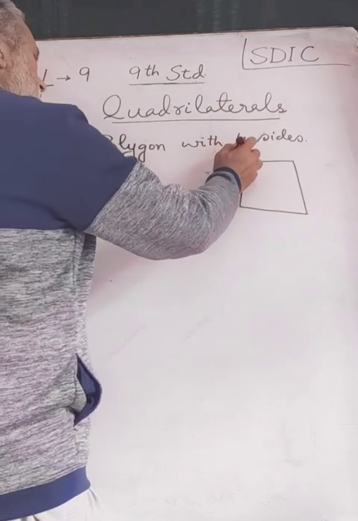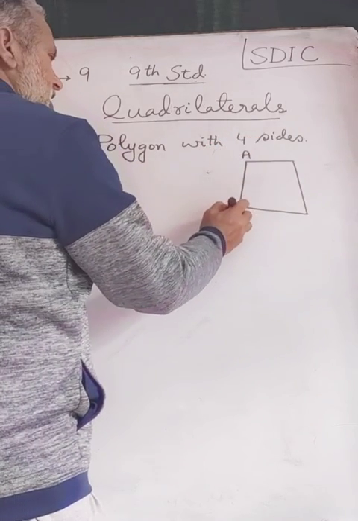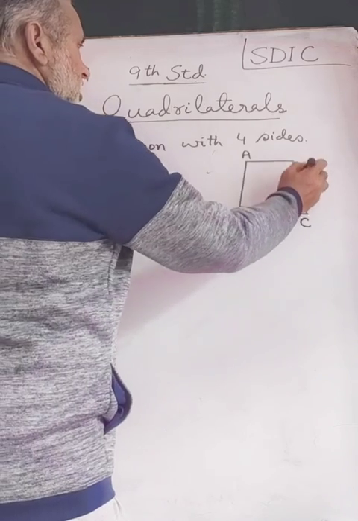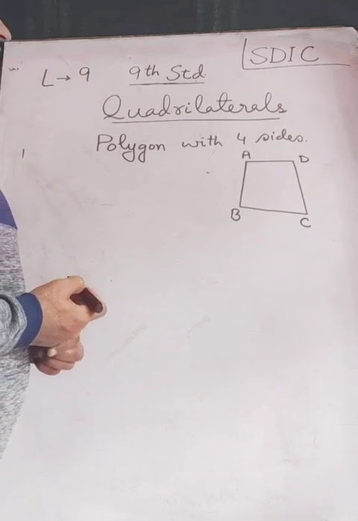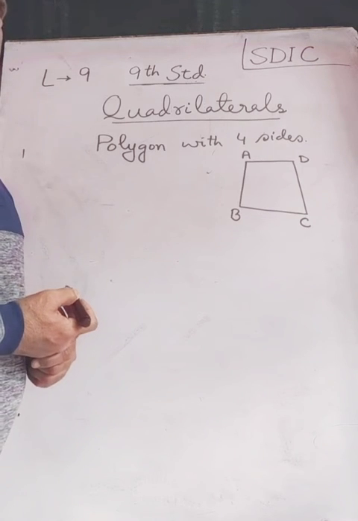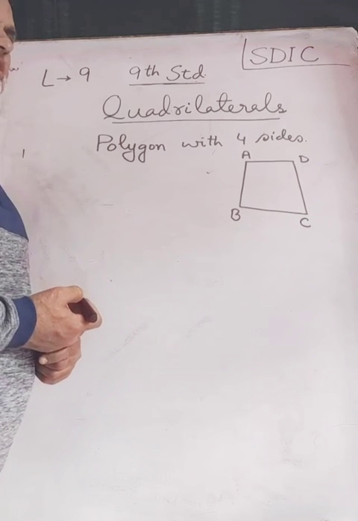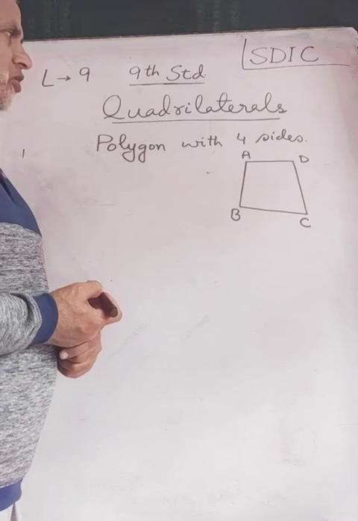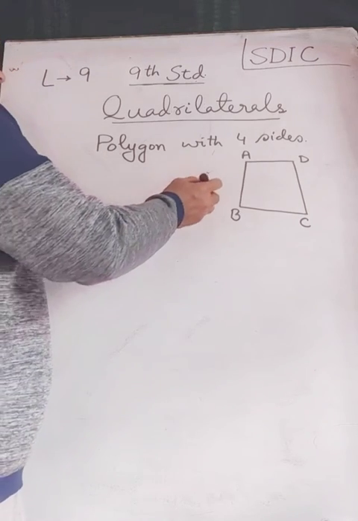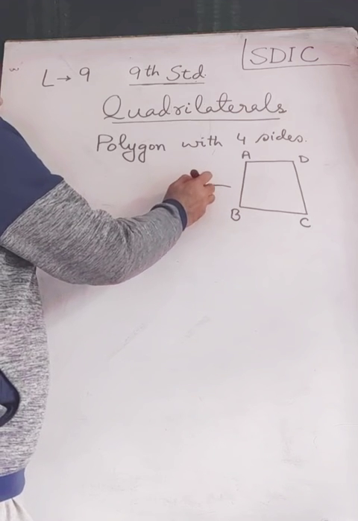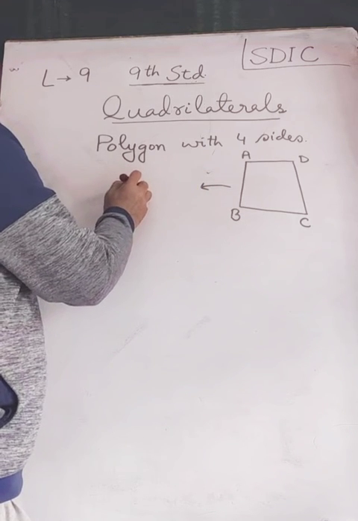If we name this quadrilateral as A, B, C, D, then we shall say ABCD is a quadrilateral. Now we need not say it is a polygon. Its special name is quadrilateral, so we'll say ABCD is a quadrilateral. The quadrilateral has got 4 sides.